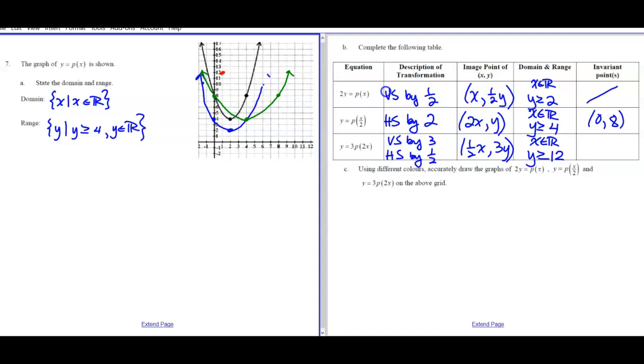Stretched by 1/2 stays the same. Stretched vertically by 3 is 24. It's going to be way up. And then same thing here. So 4 times 1/2 is 2. The y value, so it's going to be really skinny. Okay. So there's no invariant point. Yeah, the only invariant point would be the origin.